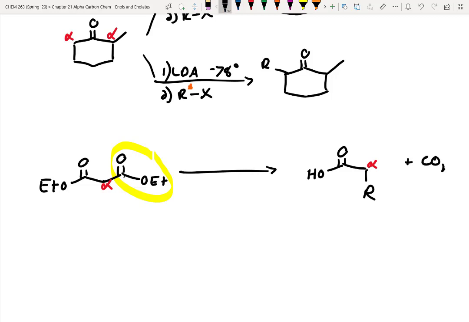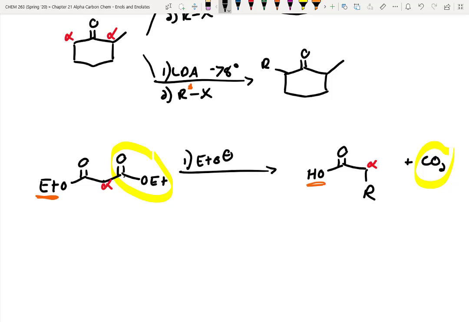So that's getting blown off during the key decarboxylation step. And if you recall, we hydrolyze off this ester and make it into a carboxylic acid. So there's actually two important steps for this. So the first thing we need to do is form our enolate.